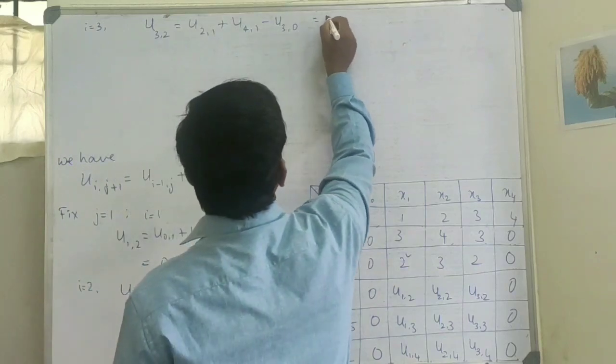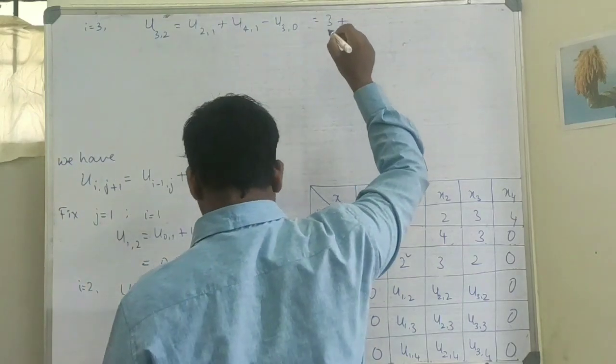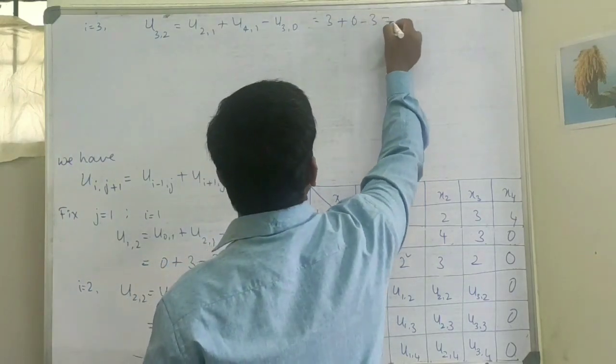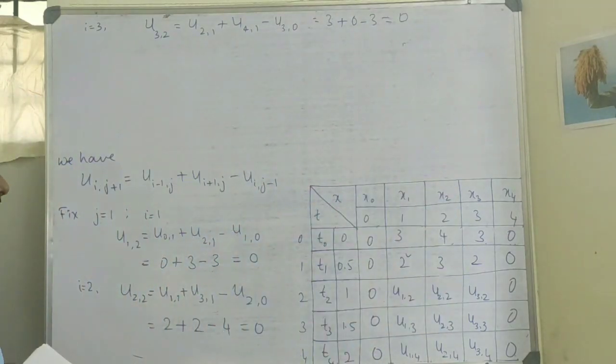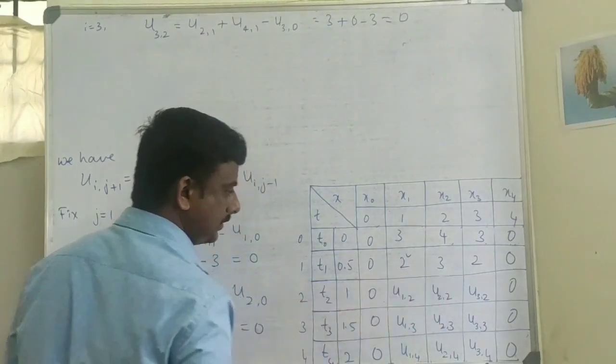So 3 plus 0 minus 3, again you get 0. So this completes the third row.